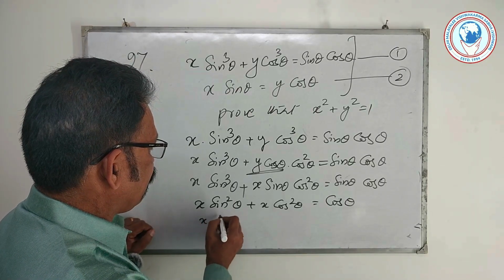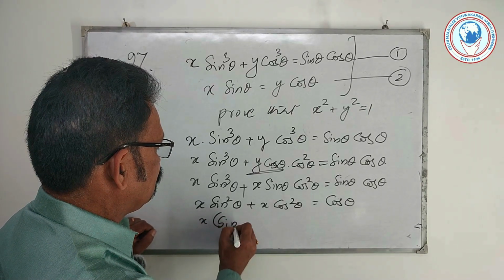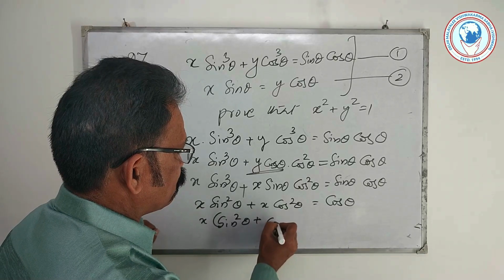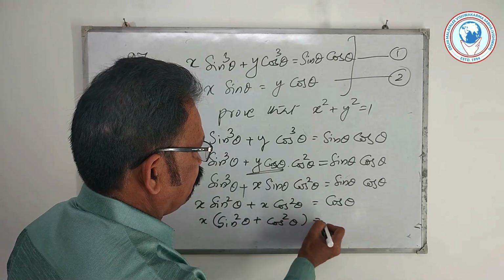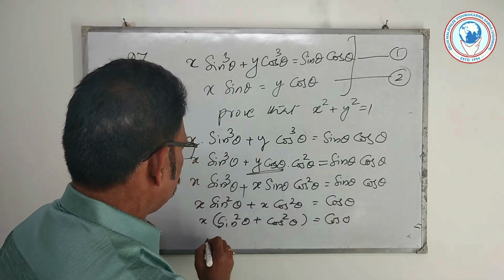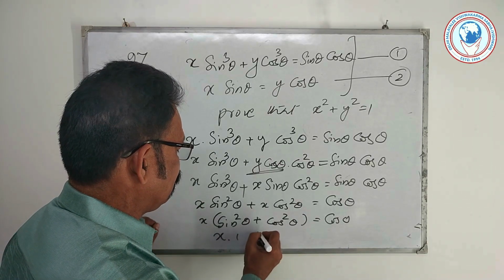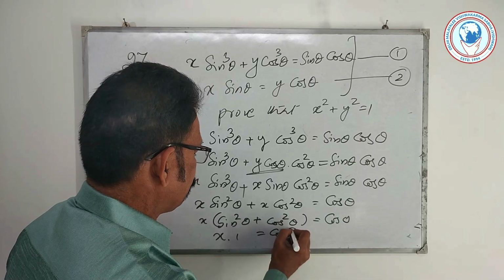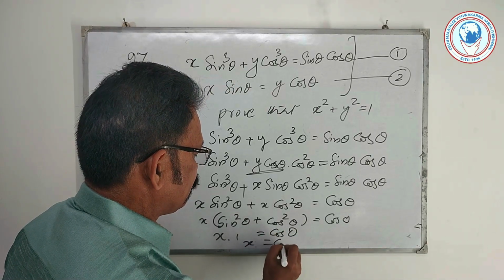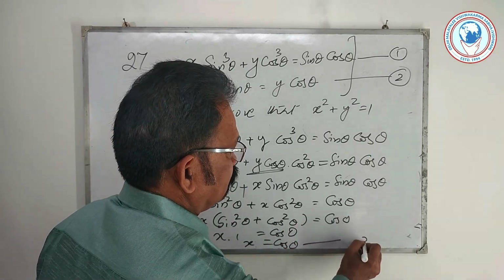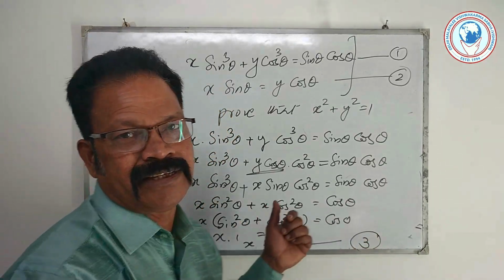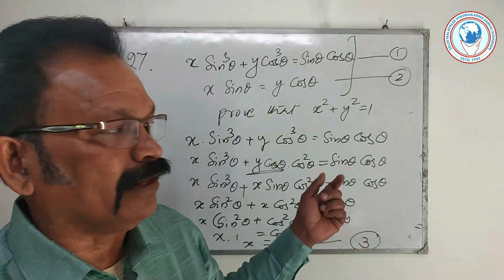So taking x common, x into sin square theta plus cos square theta equal to cos theta, we know sin square theta plus cos square theta is 1. So x into 1 is equal to cos theta, or x is equal to cos theta. This is equation 3.